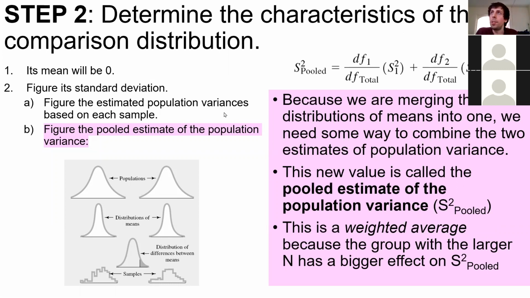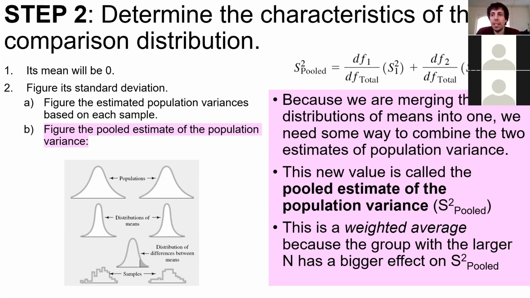So the first thing we have to do is look to our two samples and calculate the estimate of the population variance based on the sample variance that we have. In these problems, you have all of the data for each of your two samples, and you can calculate the variance of that.